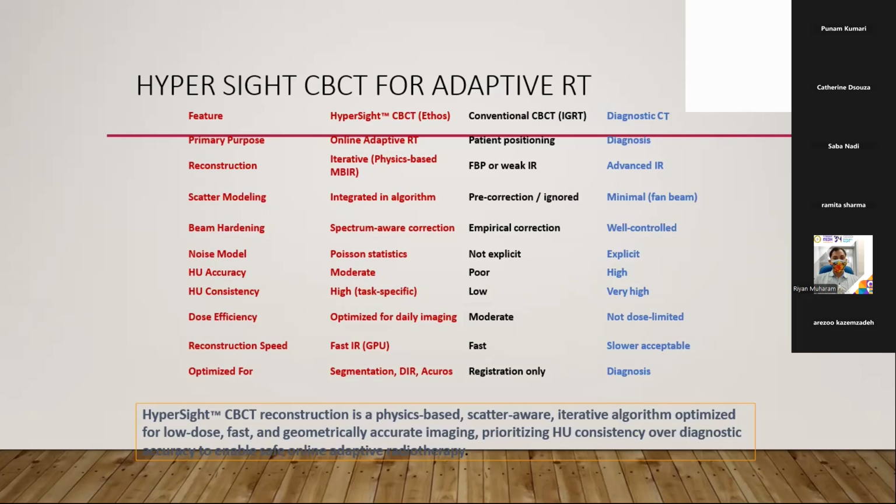HU consistency was quite high, and in conventional CBCT it was less. Reconstruction speed was quite fast, and in conventional CBCT also it was fast. HyperSight is optimized for segmentation, DIR, and ACROS, whereas CBCT was only for registration purposes.